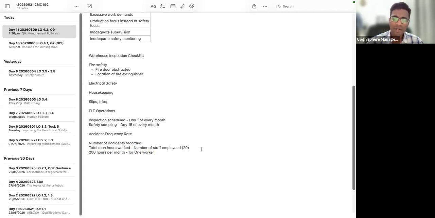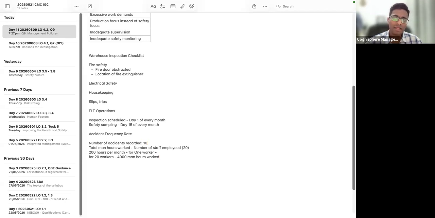So for 20 workers, it would be 200 into 20. So total man hours worked is 4,000 man hours for that month. So this is the man hours. And likewise, you're going to record the number of accidents recorded. Let's say from the number of incidents that are reported and recorded, it is 10.